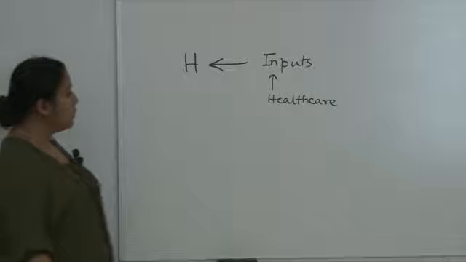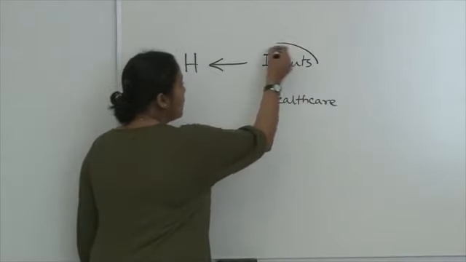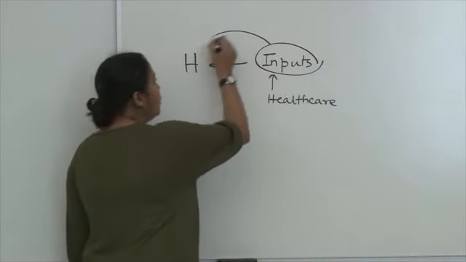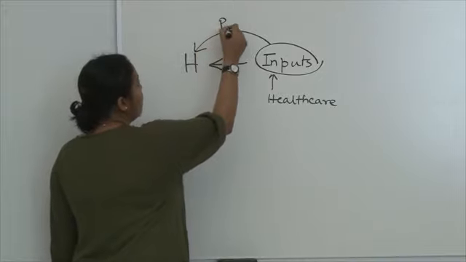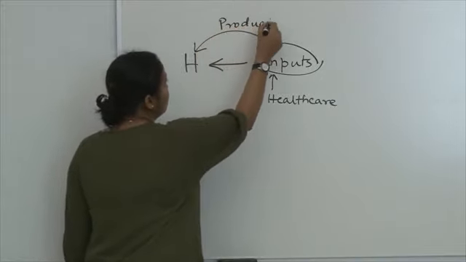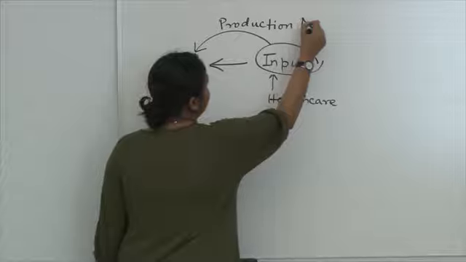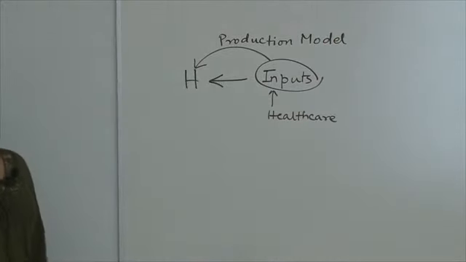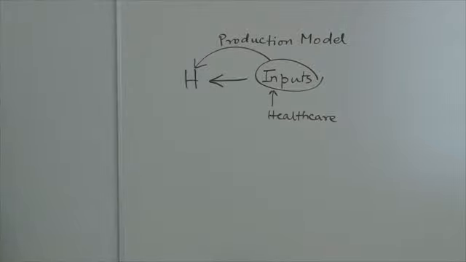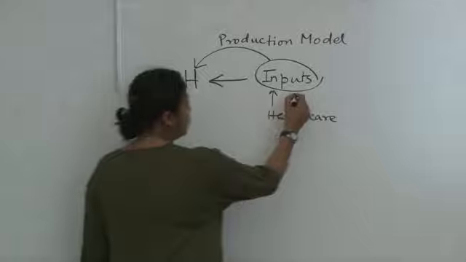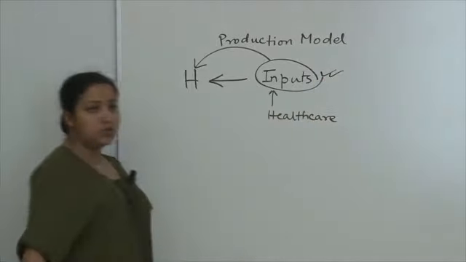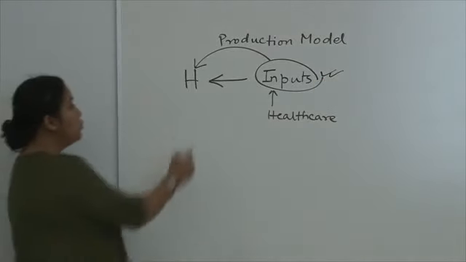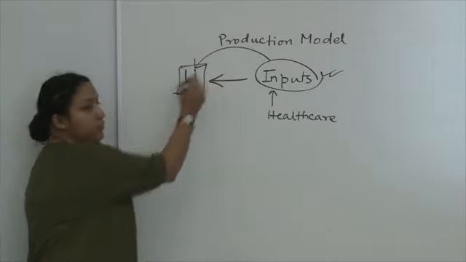But in economics, whenever we use certain inputs to produce something, that is called a production model. A production model, in very simple terms, just means that some combination of inputs is used to produce a certain output.